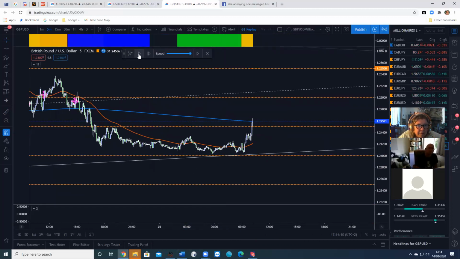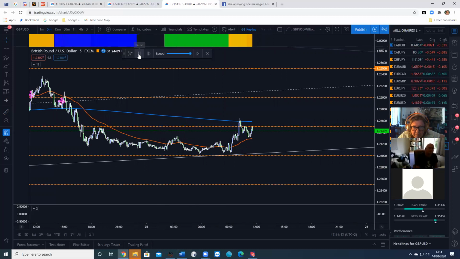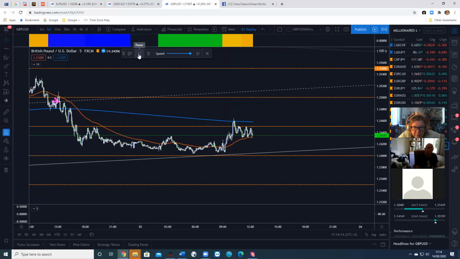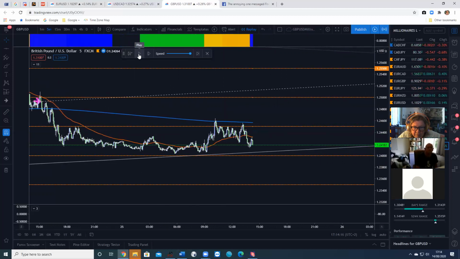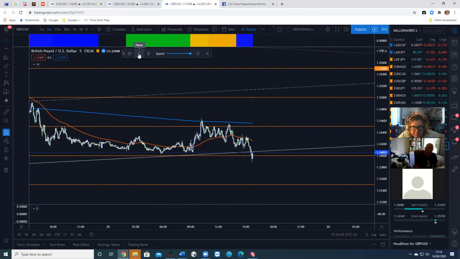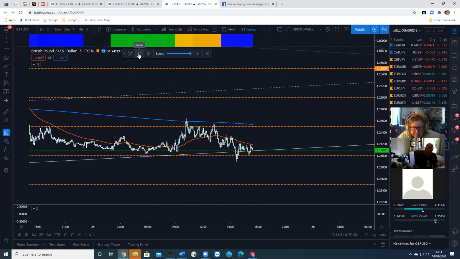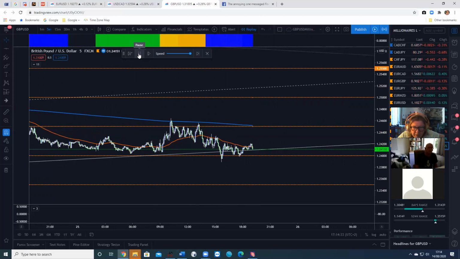And then some more rejections here off the quarter theory, but above the 62, so you wouldn't want to get involved in that. And then not much room between that and the pitchfork. Just looking at the time.